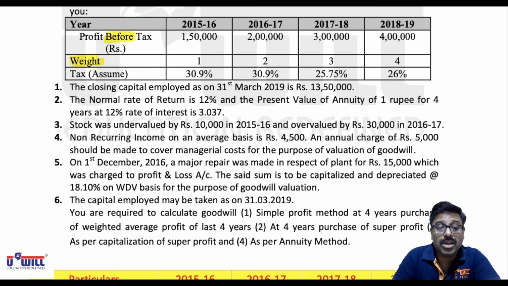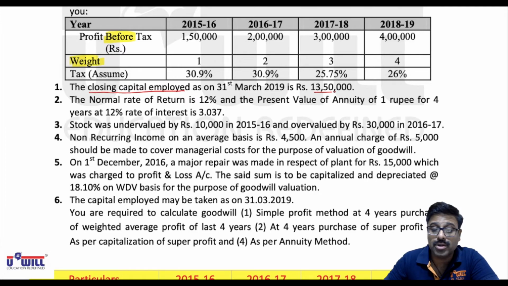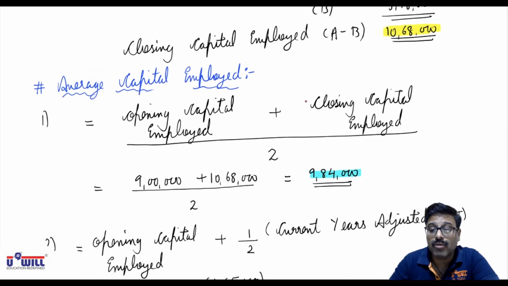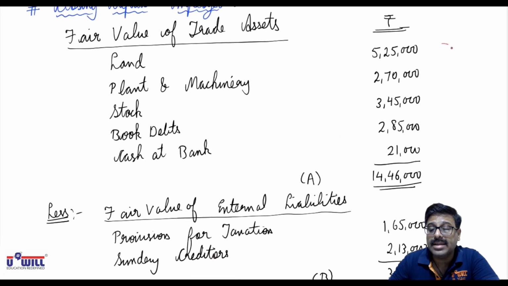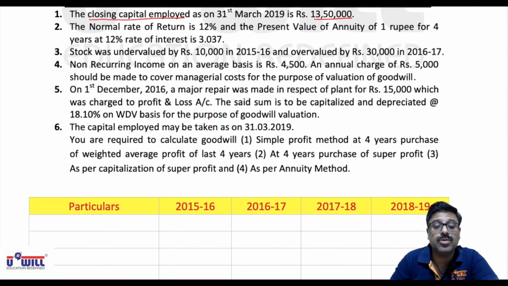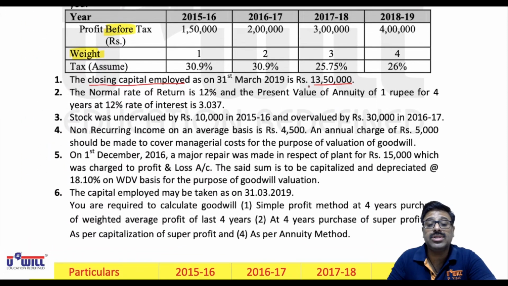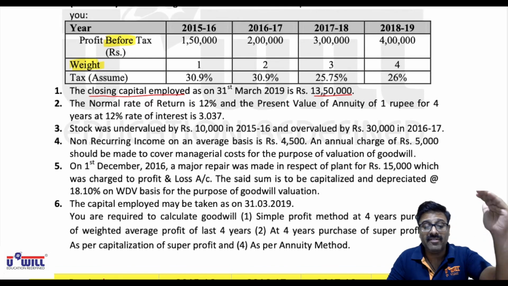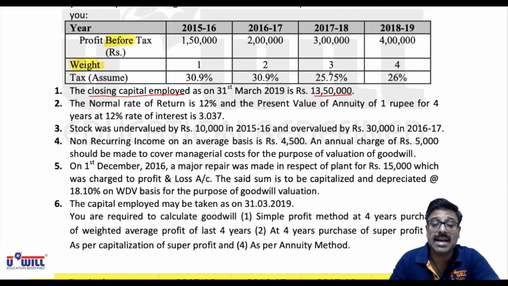Now the closing capital employed as on 31st March 2019 is 13,50,000. So this closing capital employed is directly given, which means in this question we don't have to find closing capital employed by doing fair value of trade assets minus external liabilities.